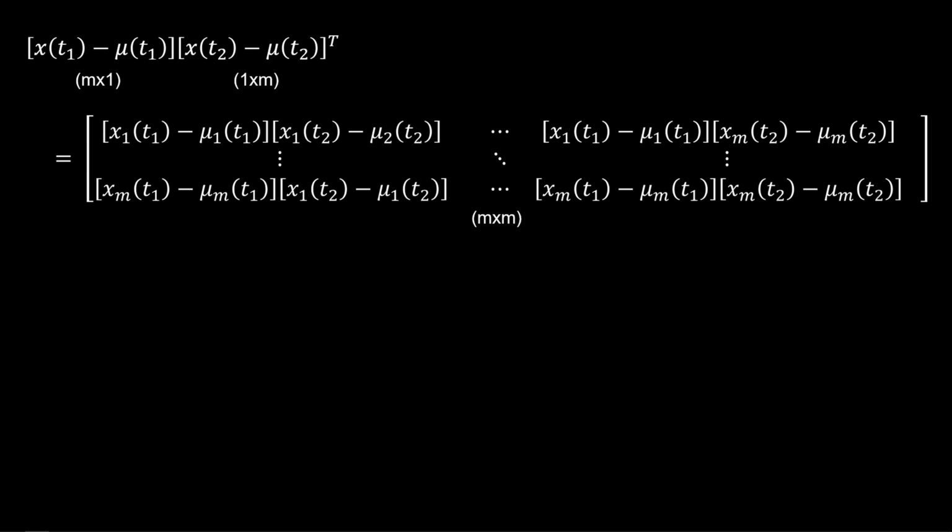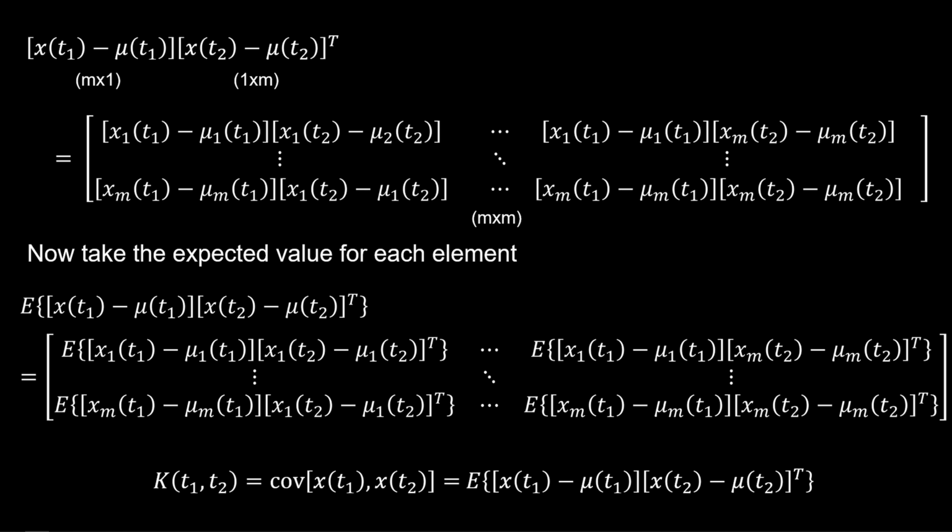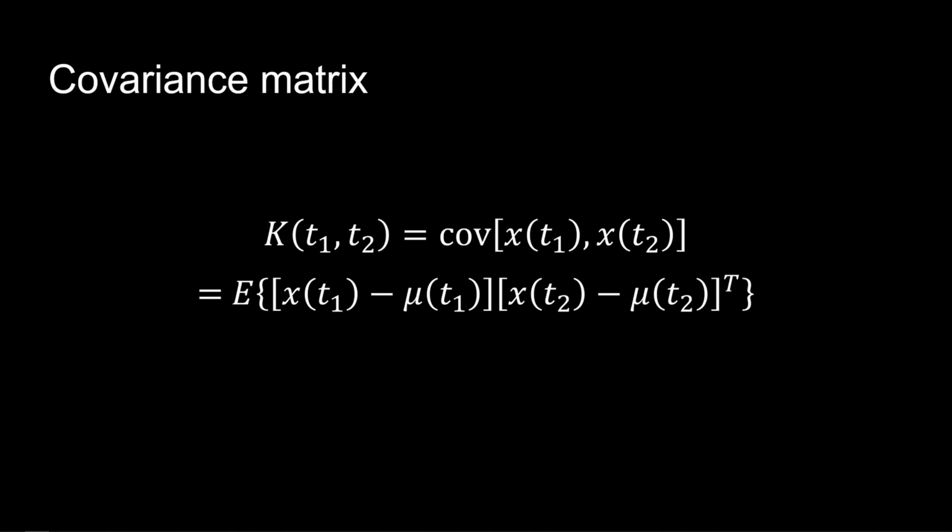And then, taking the expected value of the matrix, it distributes to each element, creating a matrix of variances on the diagonal and covariances elsewhere. These elements capture whether the variations in the signals tend to move with respect to one another or not for every possible combination of signals in the vector x. This is known as the covariance matrix.